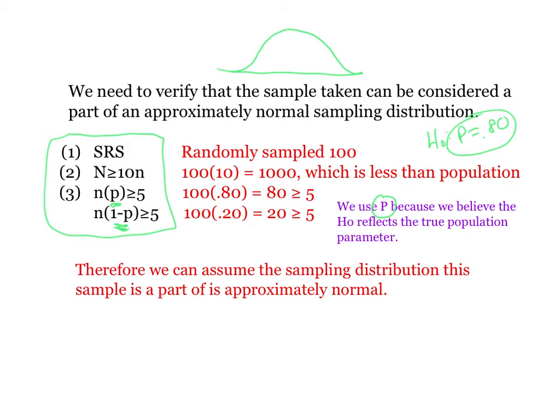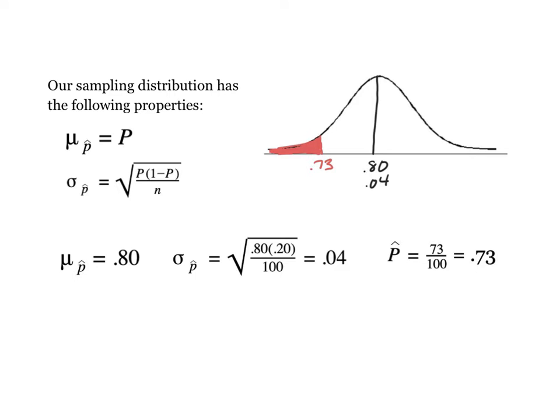So all those were true. Therefore, we can assume the sampling distribution the sample is a part of is approximately normal. And that, of course, opens up our use of z-scores, which obviously we're going to want to use for this, okay? So, since those three conditions were met, we know this. The mean of the sampling distribution will be equal to p.